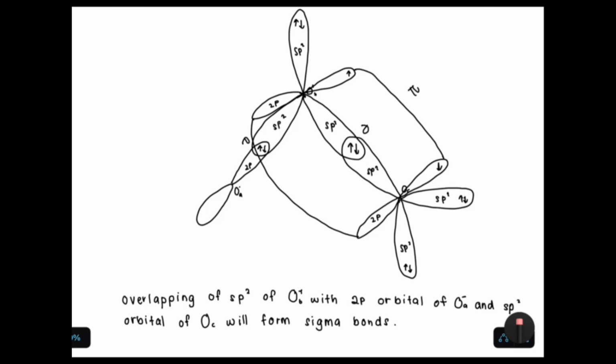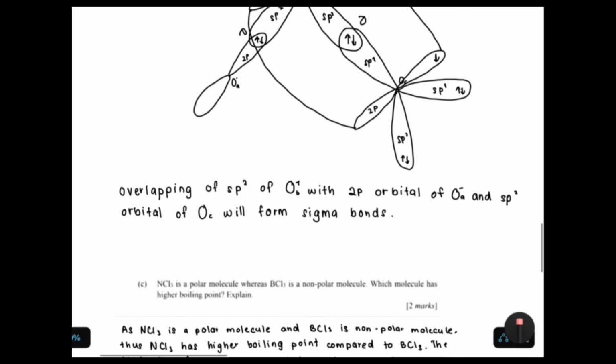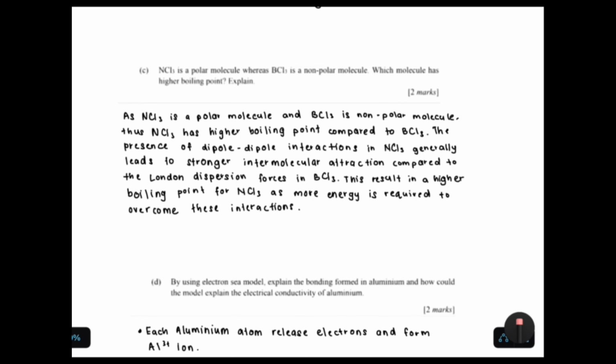bond. Okay, so for question C, NCl3 is a polar molecule whereas BCl3 is a non-polar molecule. Which molecule has the higher boiling point? Explain. So the answer is as NCl3 is a polar molecule and BCl3 is a non-polar molecule, thus NCl3 has a higher boiling point compared to BCl3. The presence of dipole-dipole interaction in NCl3 generally leads to stronger intermolecular attraction compared to the London dispersion forces in BCl3.